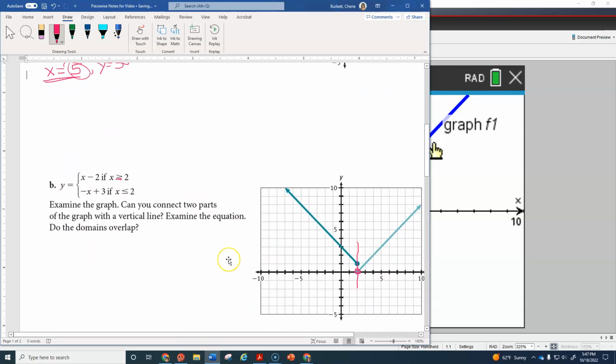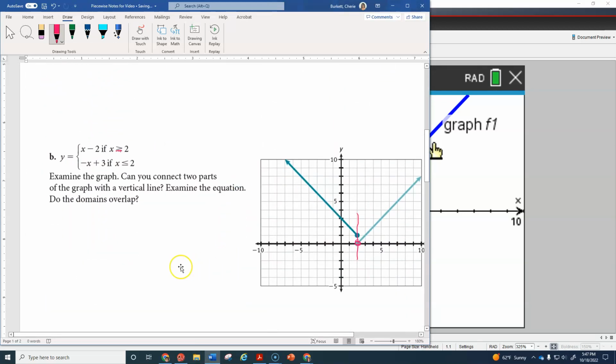So let's jump down here and let's do another one. What if I ask you to let x equal 2? Well, in this case, because 2 is in both of these cases, I would have 2 answers.